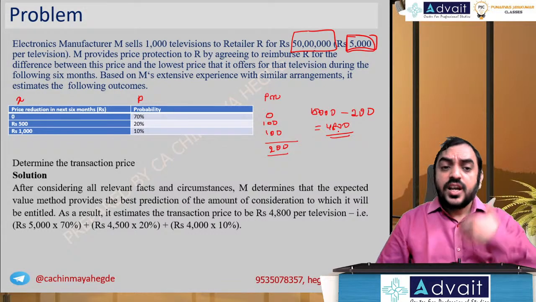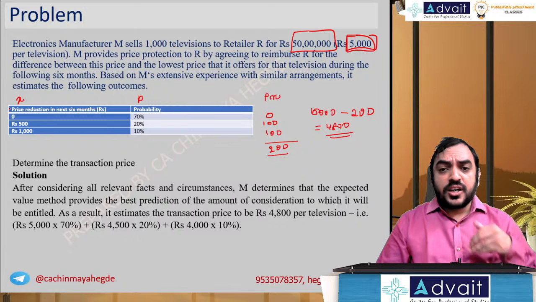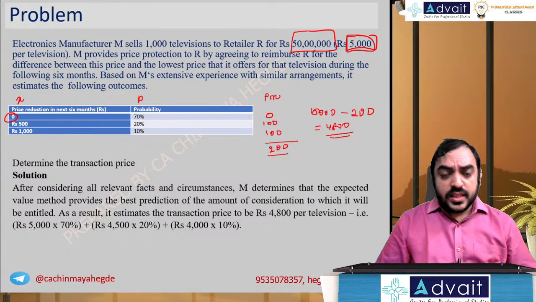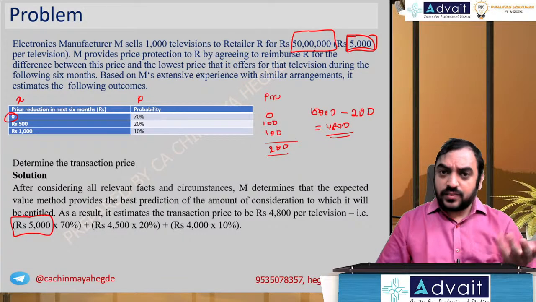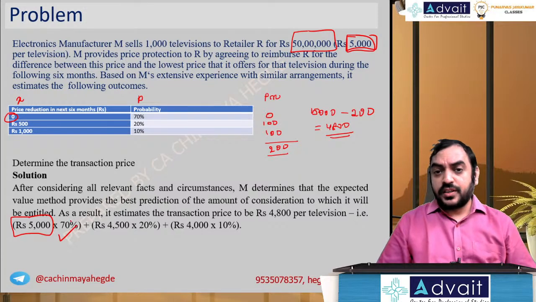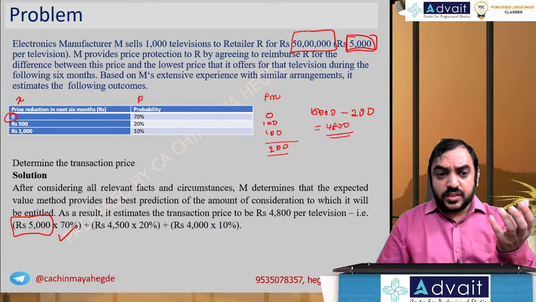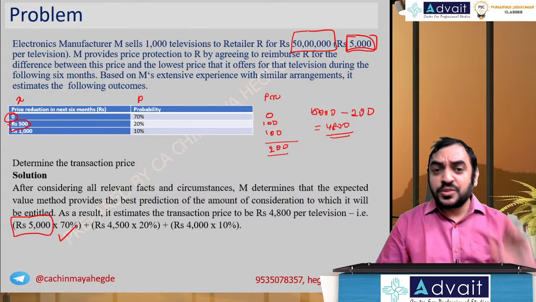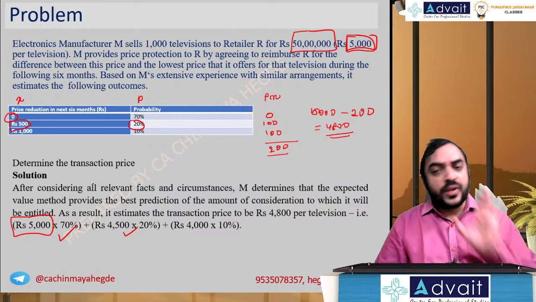That is one choice. The other one: 5000 rupees you received, 0 rupees you are going to return. That means there is 5000 rupees gross and the probability is 70%. And out of 5000, if you return 500, your remaining entitlement is 4500. That probability is 20%. So 4500 into 20%.